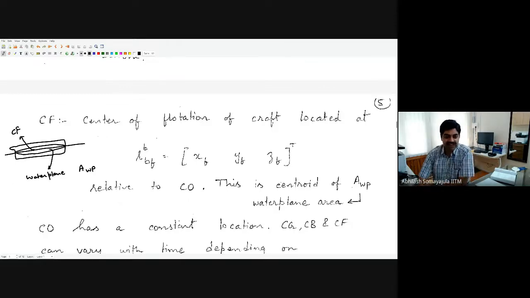Now I want to find out where that center of flotation is relative to the coordinate origin, and that distance is given as xf, yf and zf. So again, as per our convention, we denote this vector as rbf, from the body fixed origin to the center of flotation, expressed in body frame.